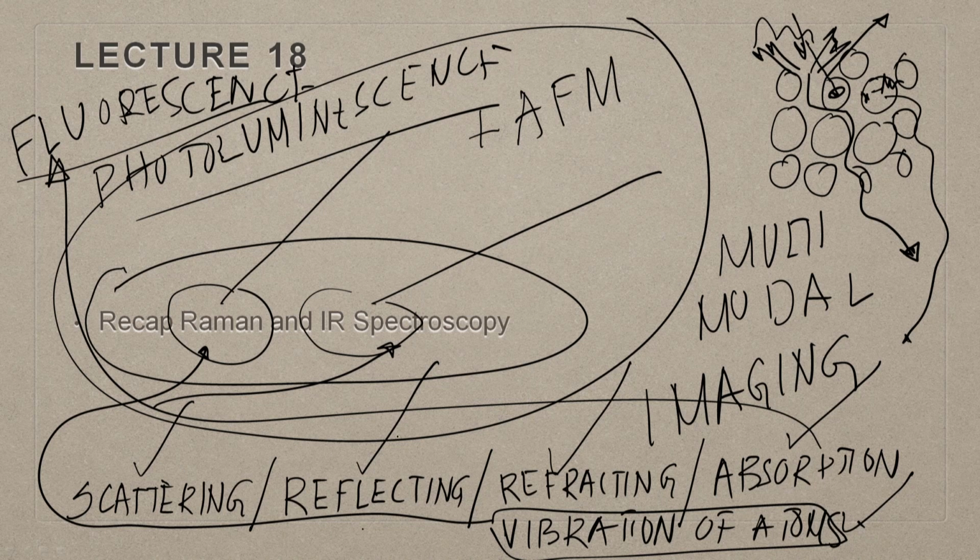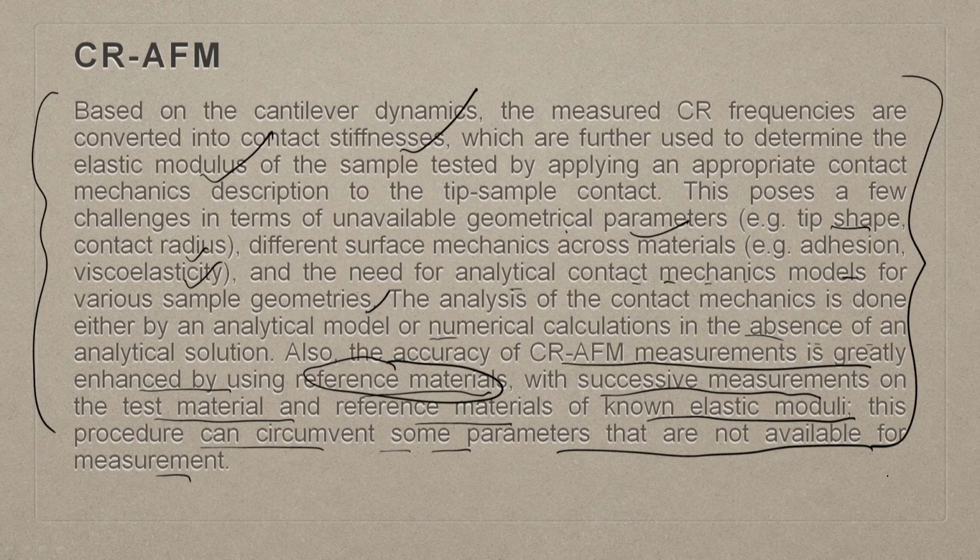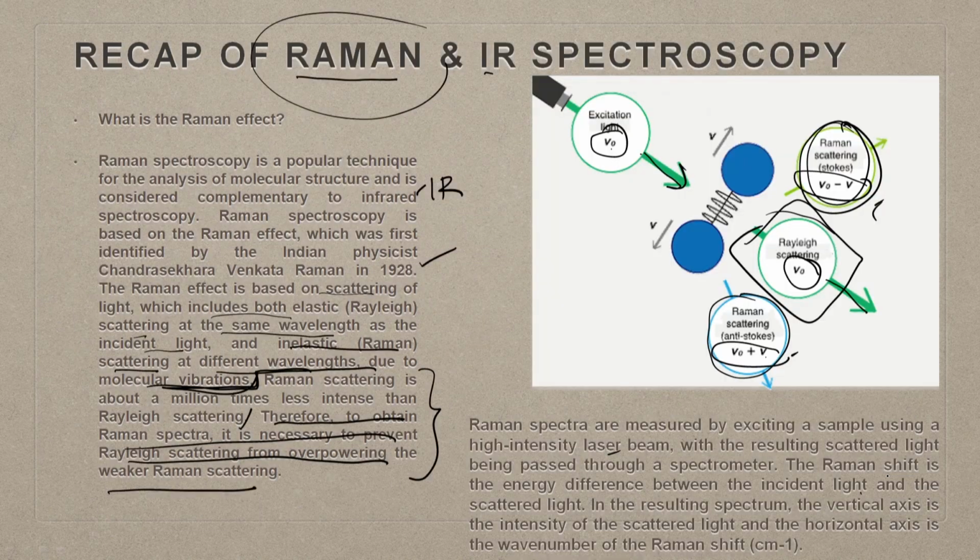We talk about reflection, we talk about refraction, where the light is passing through, absorption, vibration of atoms, we talk about the Rayleigh scattering, and then we talk about the Raman scattering, Stokes and anti-Stokes, where this is the original wavelength and here you have an increase in it and there is a decrease in it.